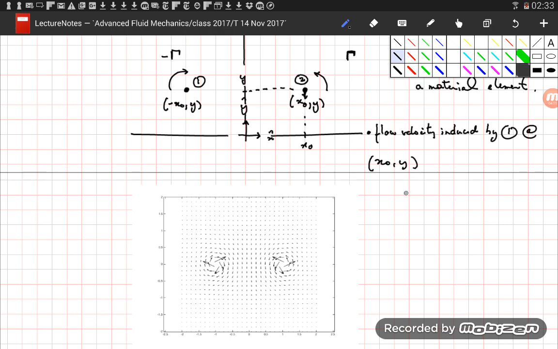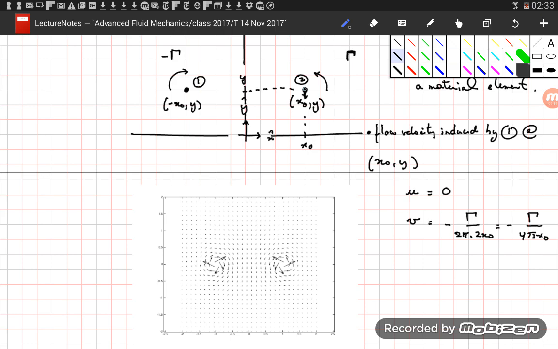In the u direction, the x direction, it is equal to 0. We only have a non-zero component in the v direction, and it is negative gamma divided by 2 pi times the distance from this point to the core of the vortex. This distance is 2x naught. So it's really minus gamma divided by 4 pi x naught.